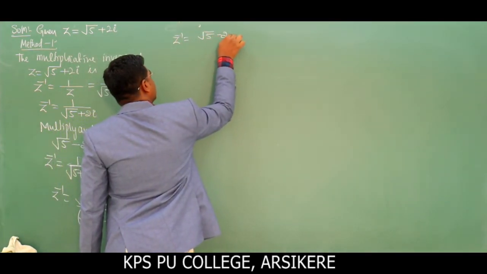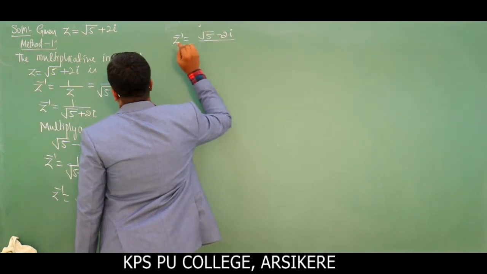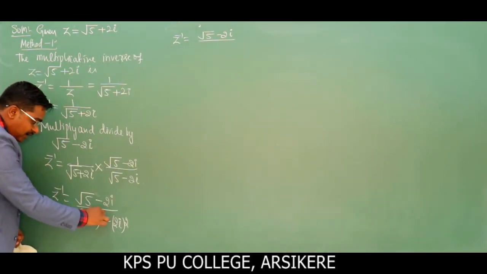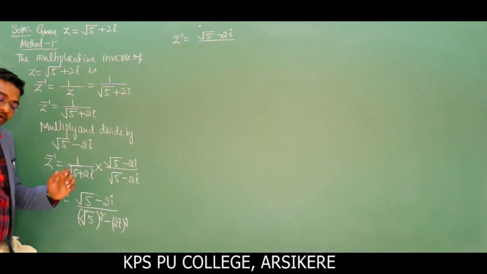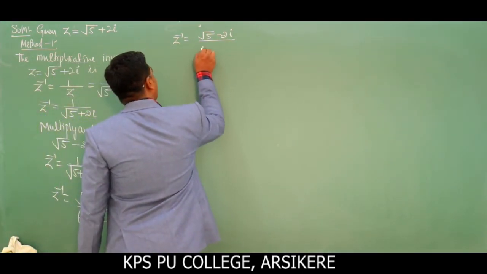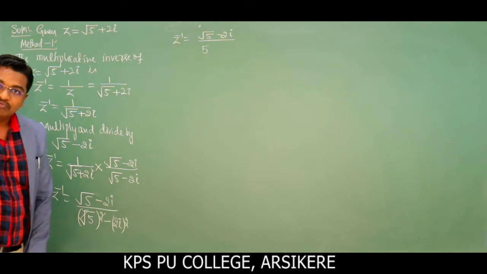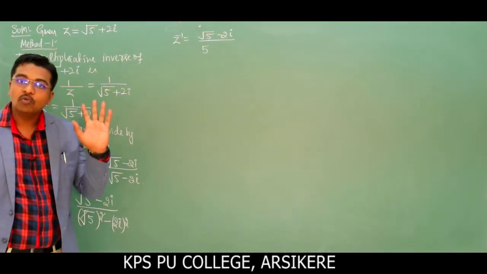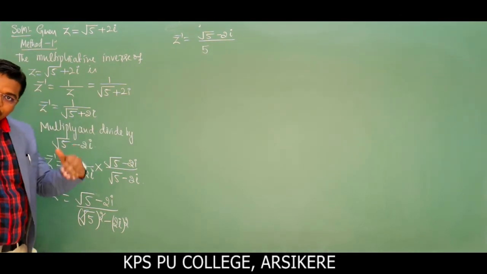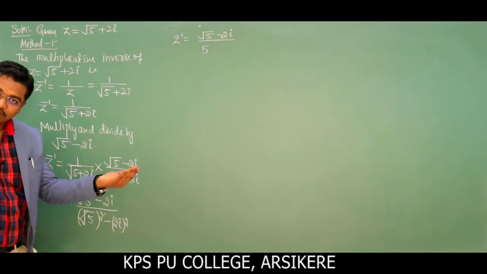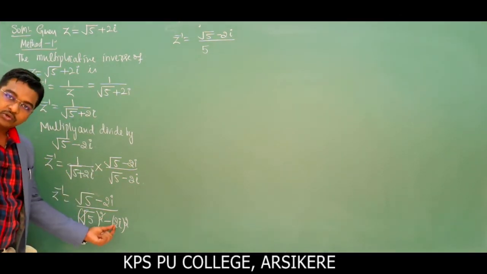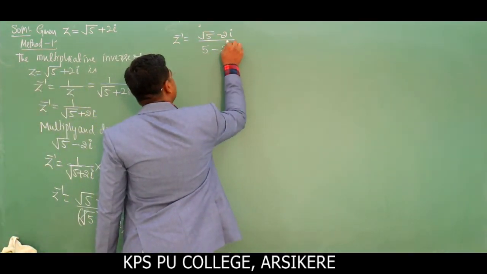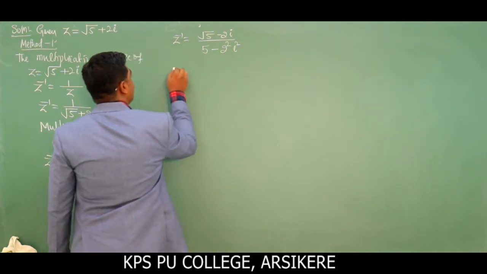root 5 minus 2i divided by, look here, square root and square get cancelled, right? So what are we left with? 5. Or you can write here root 5 into root 5 becomes 5, because square root of 5 means the power is 1 by 2. So 1 by 2 plus 1 by 2 becomes 1. Therefore square root of 5 into square root of 5 is 5 minus, separate these terms, 2 square into i square.